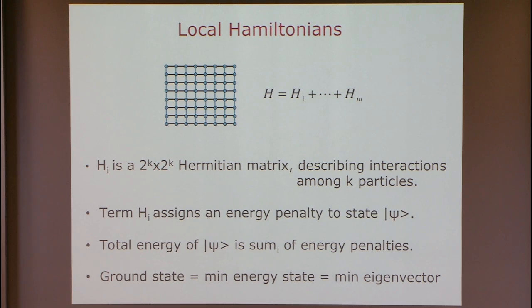And so the entire complexity of the local Hamiltonian comes from the fact that these terms of the Hamiltonian don't commute with each other. And so when you're looking for the ground state of this Hamiltonian, you're looking for the minimum eigenvector of this Hermitian matrix, which of course is the sum of these terms which don't commute with each other.